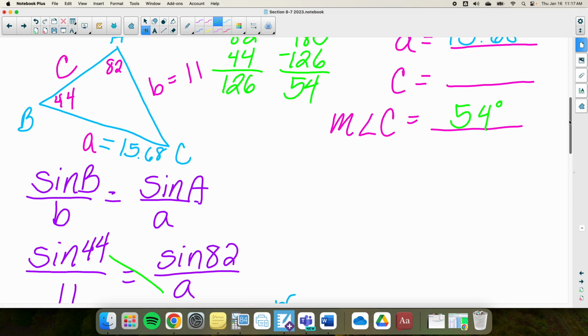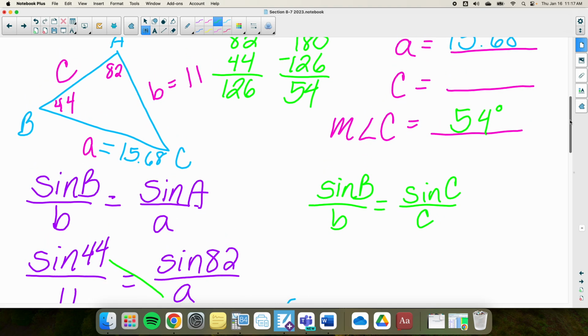So I'm looking for little c, and I know sine of B over little b, and I'm looking for C, so that's sine of C over little c. So now sine of B is gonna be sine 44. Little b is 11.